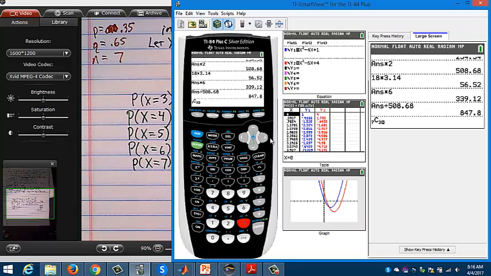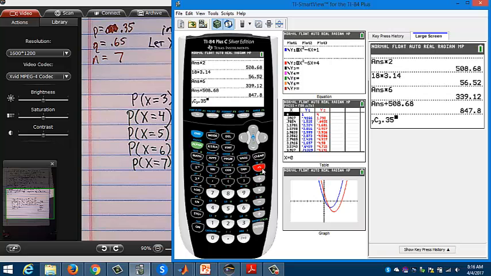Then you want to hit the right arrow key, because that gets you out of that little bottom. Okay? And now I want to type in 0.35. And then for an exponent, you want this caret key above the divide. So we're doing 0.35 to the third power. And then the right arrow key.